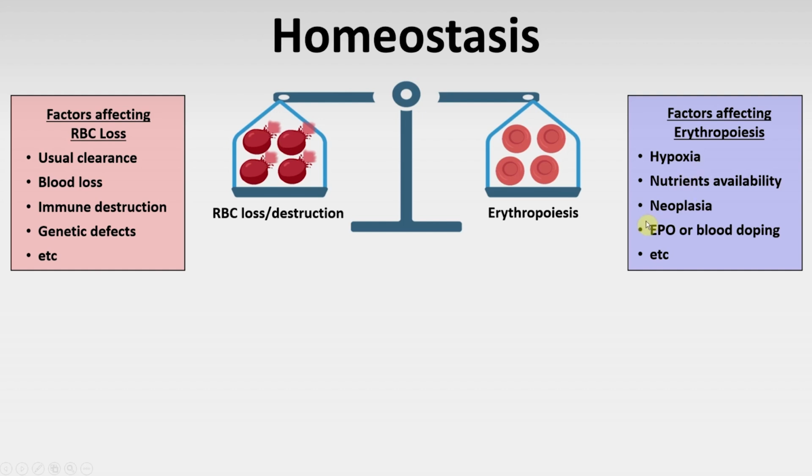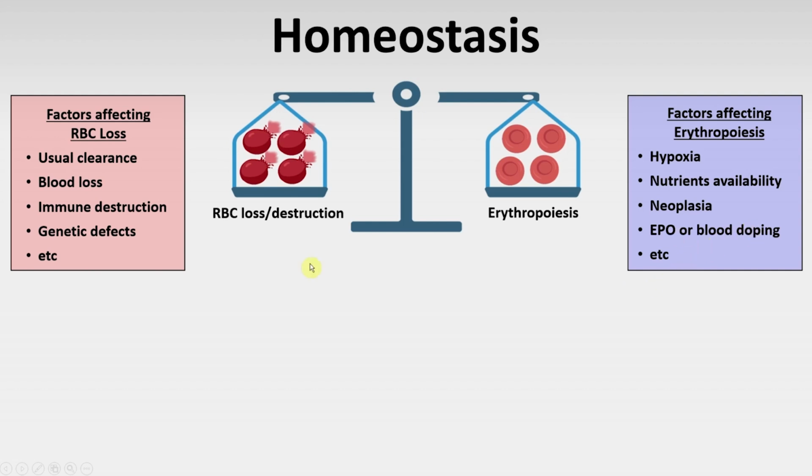There are also circumstances when erythropoiesis goes out of control. For instance, in neoplasia, where cancer formation results in uncontrolled proliferation of red blood cells. Or there are also instances of blood doping, or artificial injection of EPO to enhance the production of red blood cells.